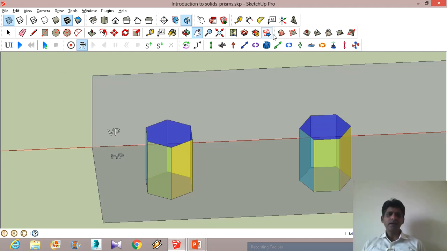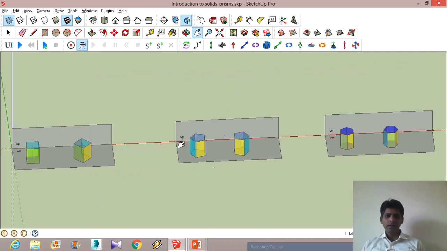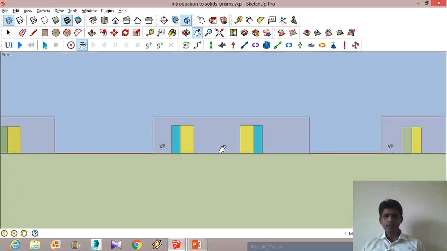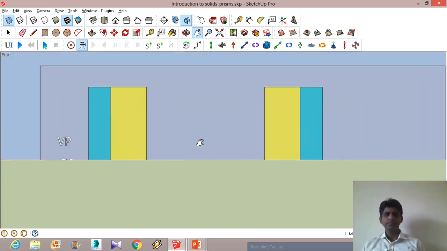Same is the case with respect to the pentagonal prisms. Let us see the front view. See the front view like this. So you can see two lateral surfaces in this case.